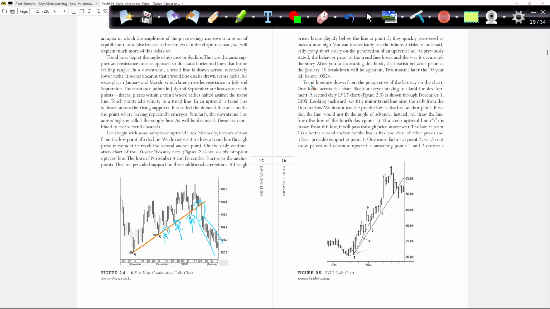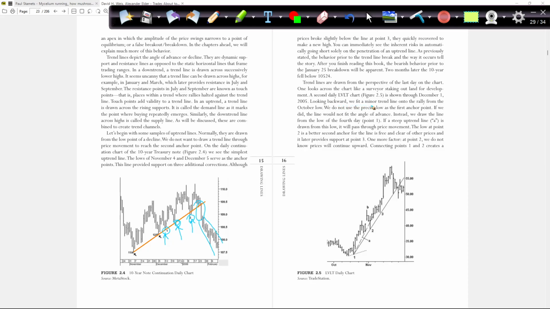Now, trend lines are drawn from the perspective of the last day on the chart. One looks across the chart like a surveyor taking out land for development. A second daily chart, figure 2.5, is shown through December 1, 2005.